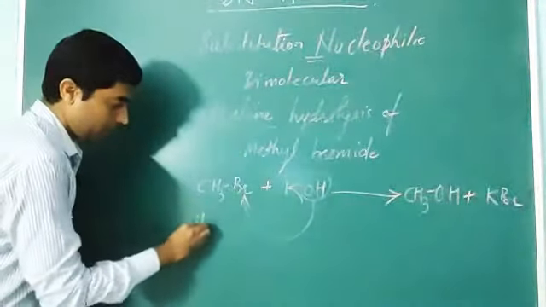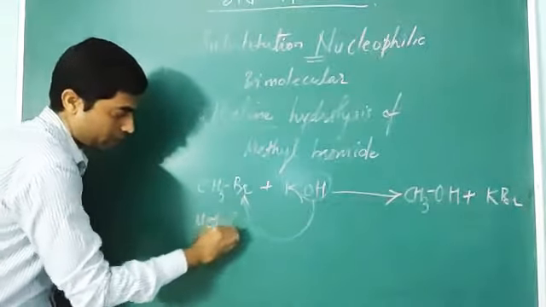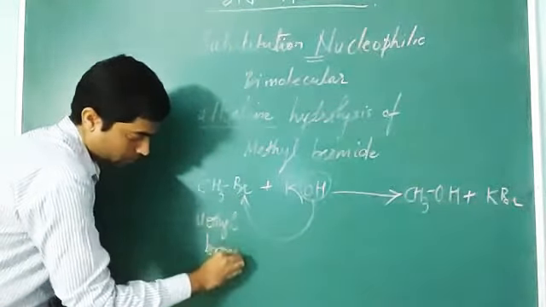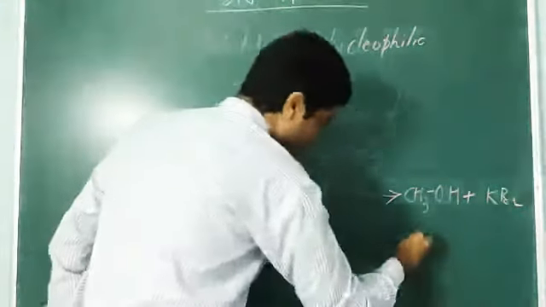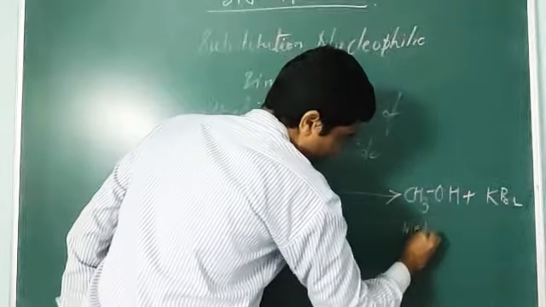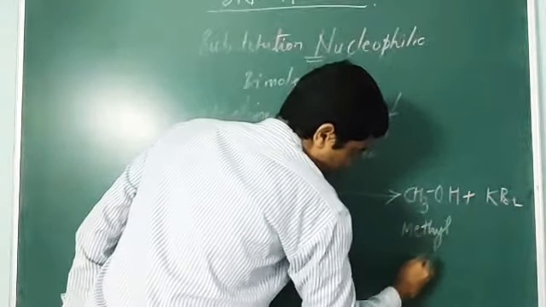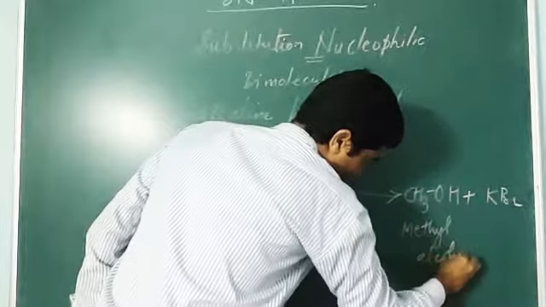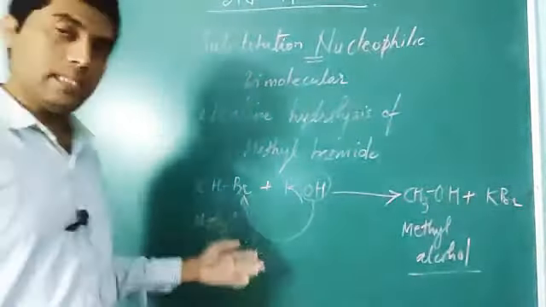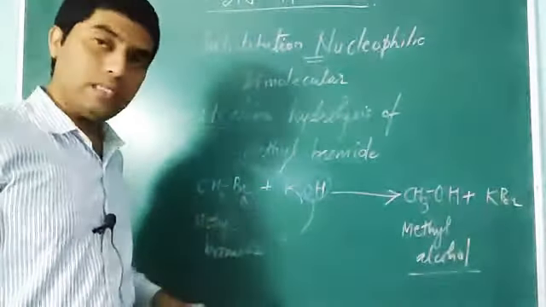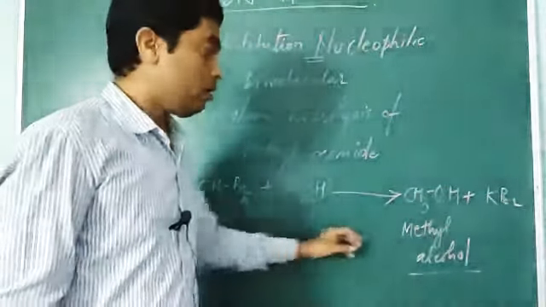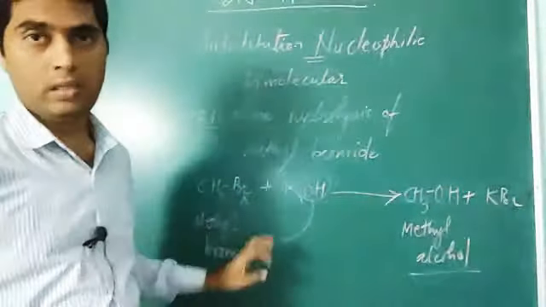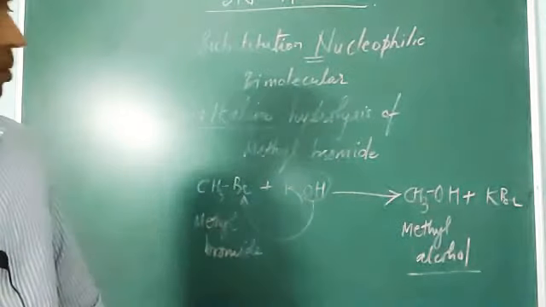This is methyl bromide and the final product is methyl alcohol. This is the alkaline hydrolysis of methyl bromide to give methyl alcohol. This is the example.